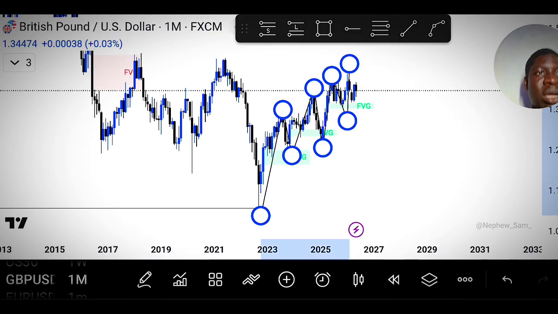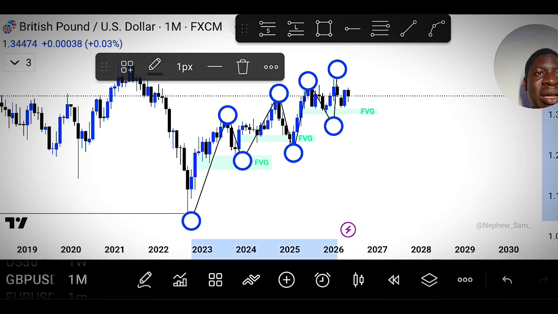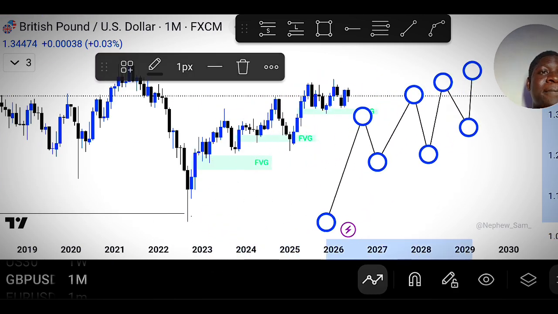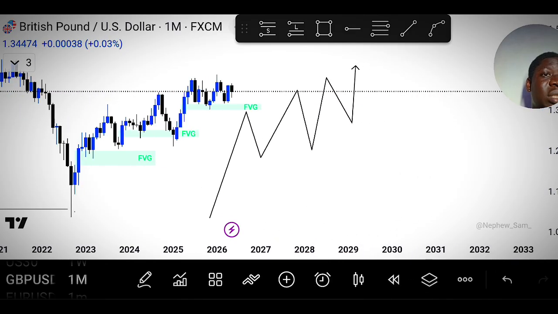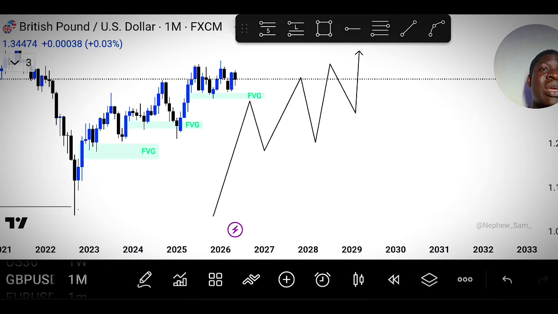If you look at this trend now, you are going to see that the market is in an uptrend. The monthly time frame is telling us that this market is moving to the upside. Don't forget that this is the monthly time frame.